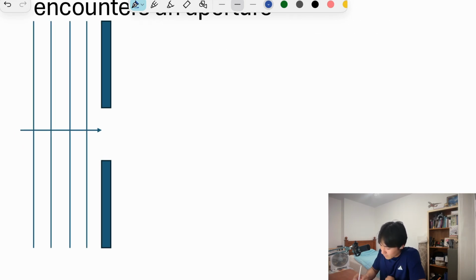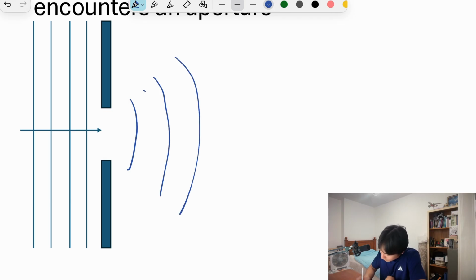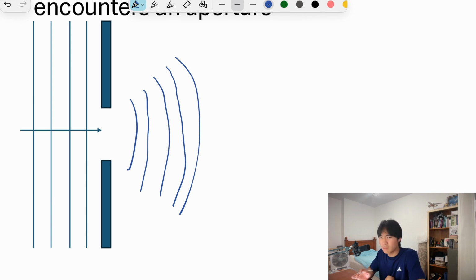What happens is that these waves actually spread out. They're going to keep the same frequency, by the way. I'm not the best artist in the world, as you can see. That's why I'm in STEM, not in humanities.